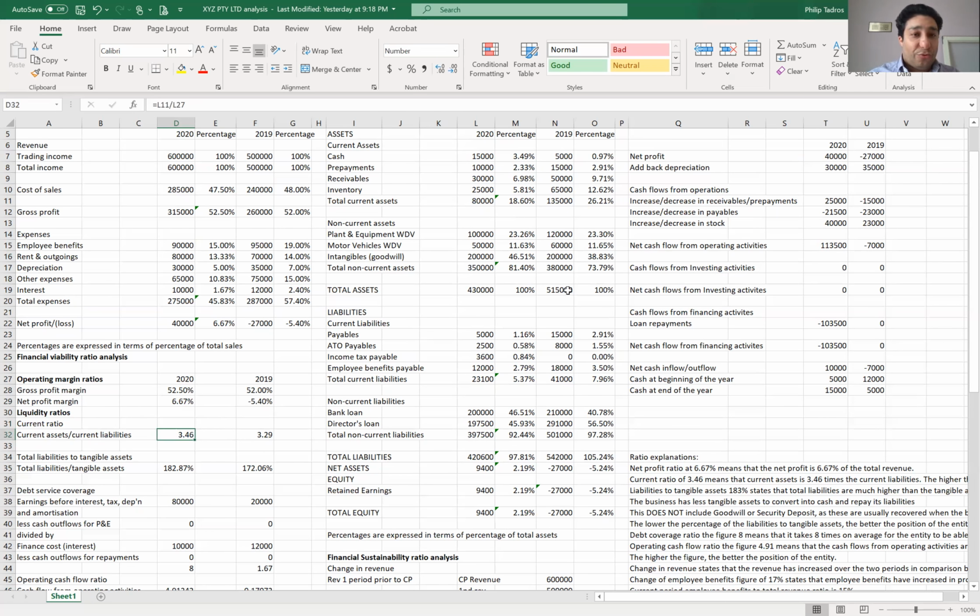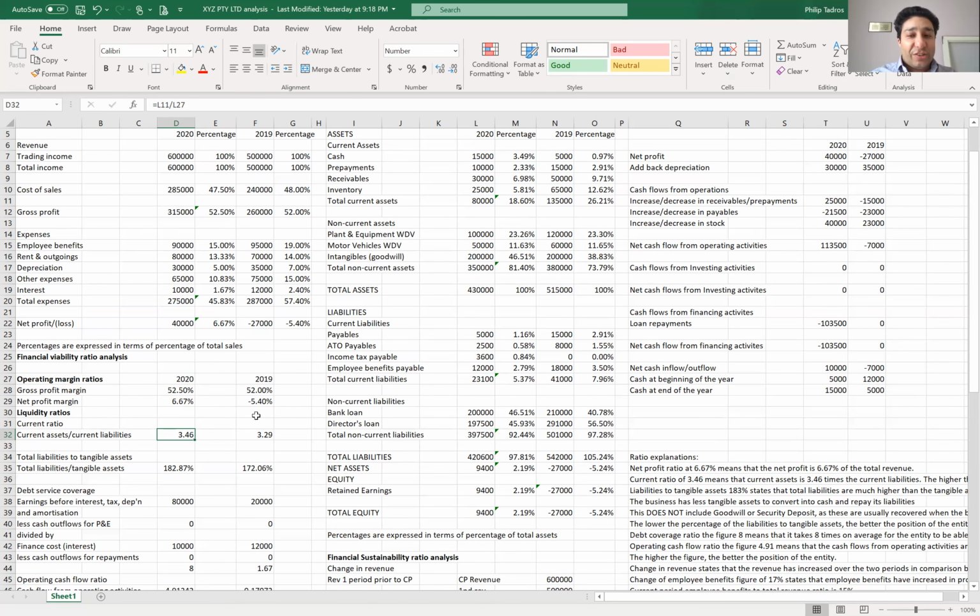So for example, from the balance sheet, we've got total current assets of $80,000 and total current liabilities of $23,100. When we take both years and do the ratios for both years, you see that the current ratio in 2019 was 3.29, and the current ratio in 2020 is almost 3.5.